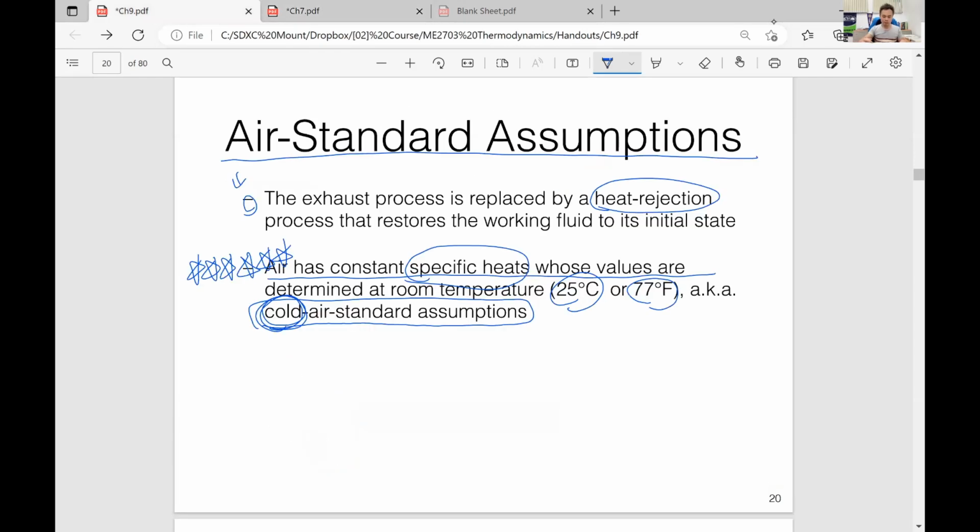So this is a very, very important, very big difference between air standard assumptions and cold air standard assumptions.